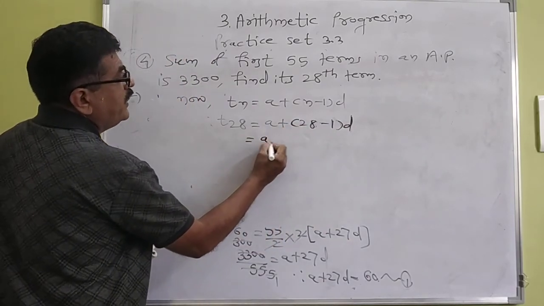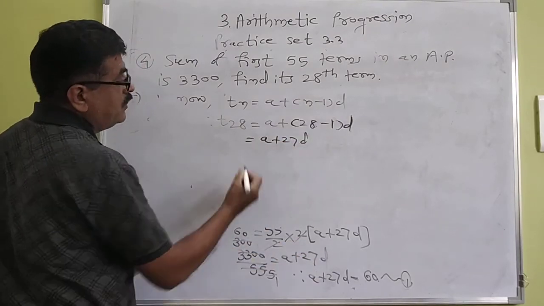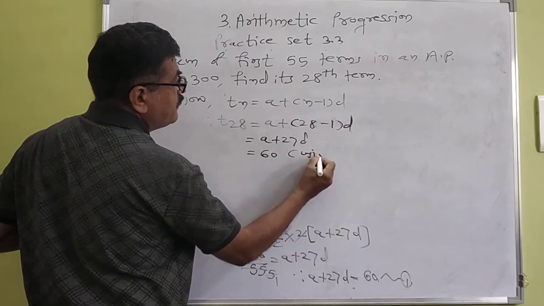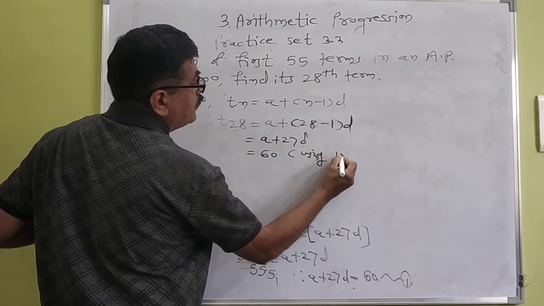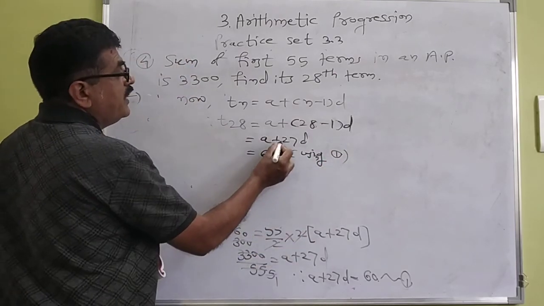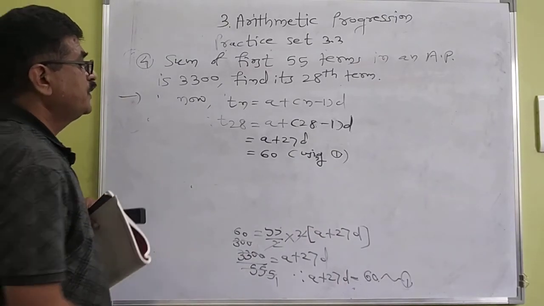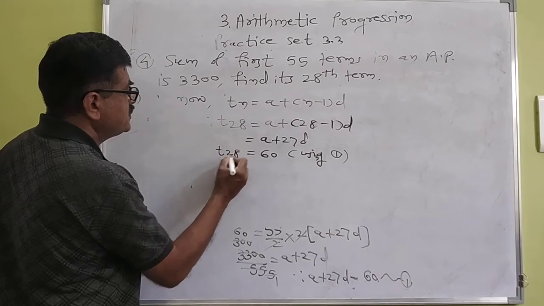T28 is equal to a plus 27d, and using 1, the value of a plus 27d is equal to 60. Therefore T28 is equal to 60.